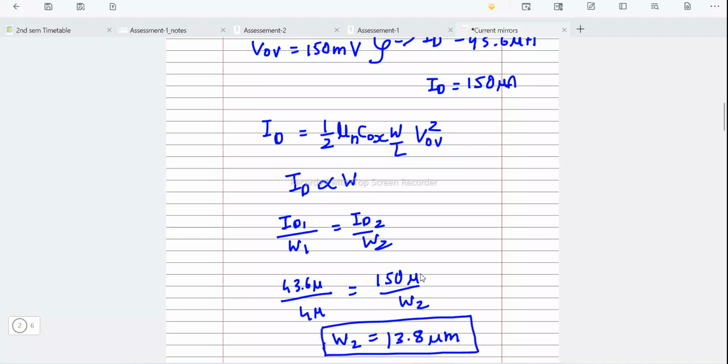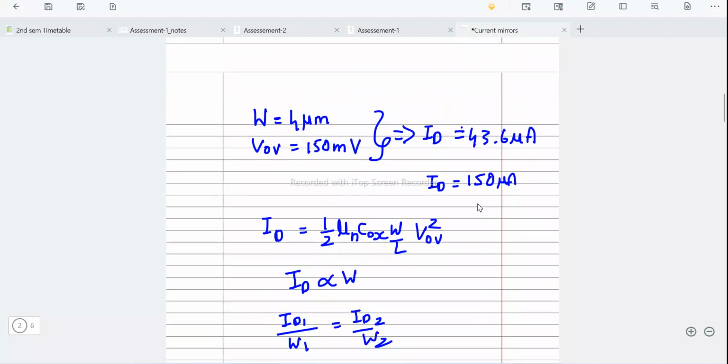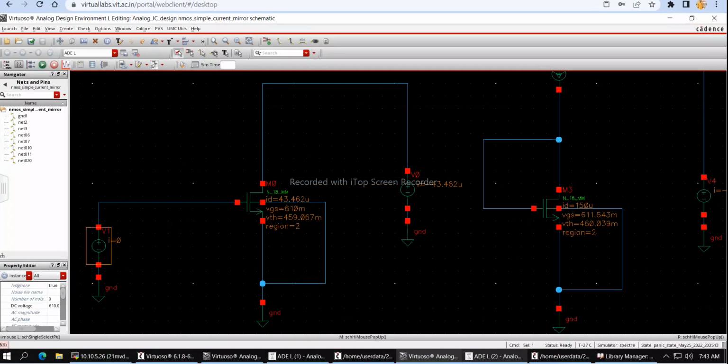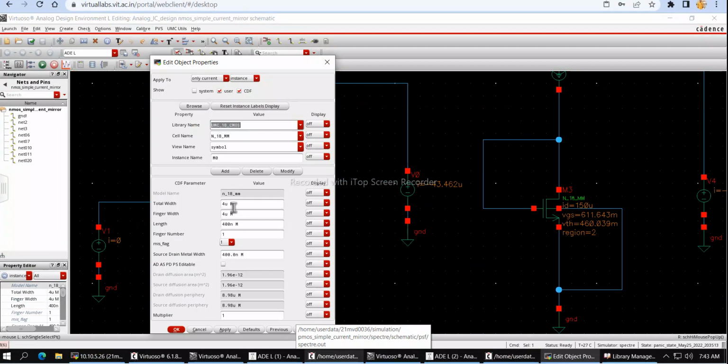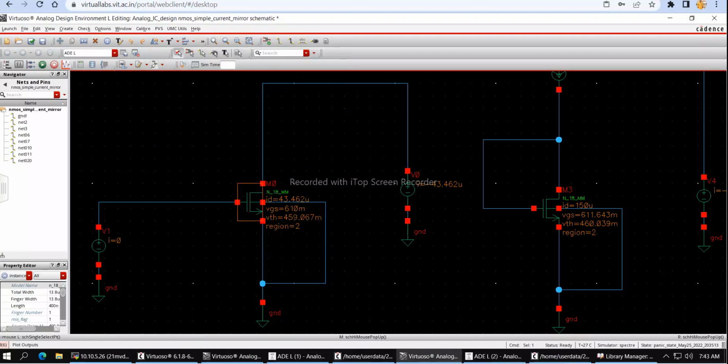Now we shall substitute this W2 value there and see if we are achieving the 150 microampere which we have designed for. So the width we are giving as 13.8 micrometer. I shall check and save it and run.